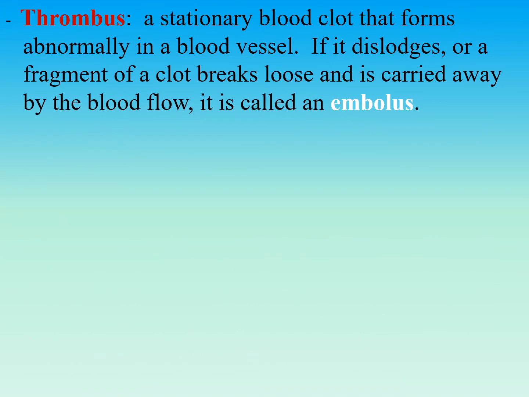We talked a little bit earlier about how if blood comes into contact, let's say, with an abnormal substance, like glass, that it would induce intrinsic clotting. But we also said that intrinsic clotting could occur in our bodies if our blood came into contact with a foreign surface, like plaque that may have built up in the inner wall of, let's say, a blood vessel of the heart or even in the brain.